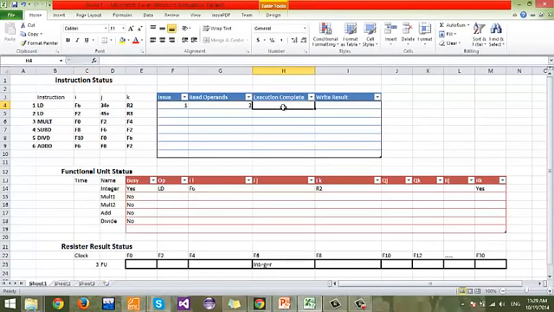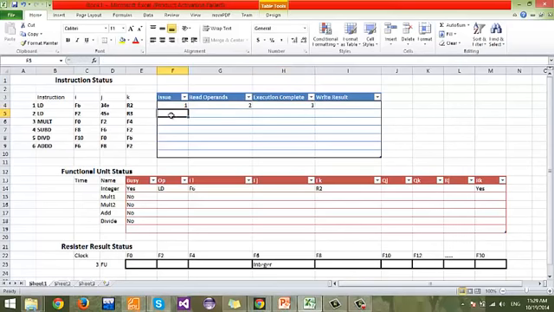Will the execution of load complete in clock cycle 3? Yes, load, being an integer type instruction, can complete in 1 cycle. So it enters the execution stage in clock cycle 3 and also completes its execution in clock cycle 3.